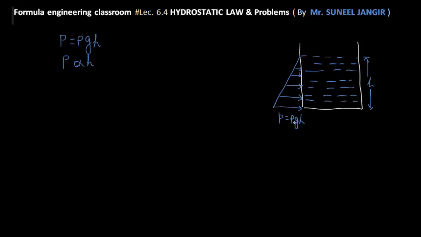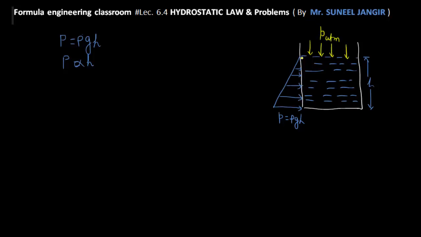So the doubt is this: if on the free surface of the fluid there is atmospheric pressure, why is the pressure intensity zero here? We know this is the free surface of the fluid, and some atmospheric pressure, p atm, is acting here.